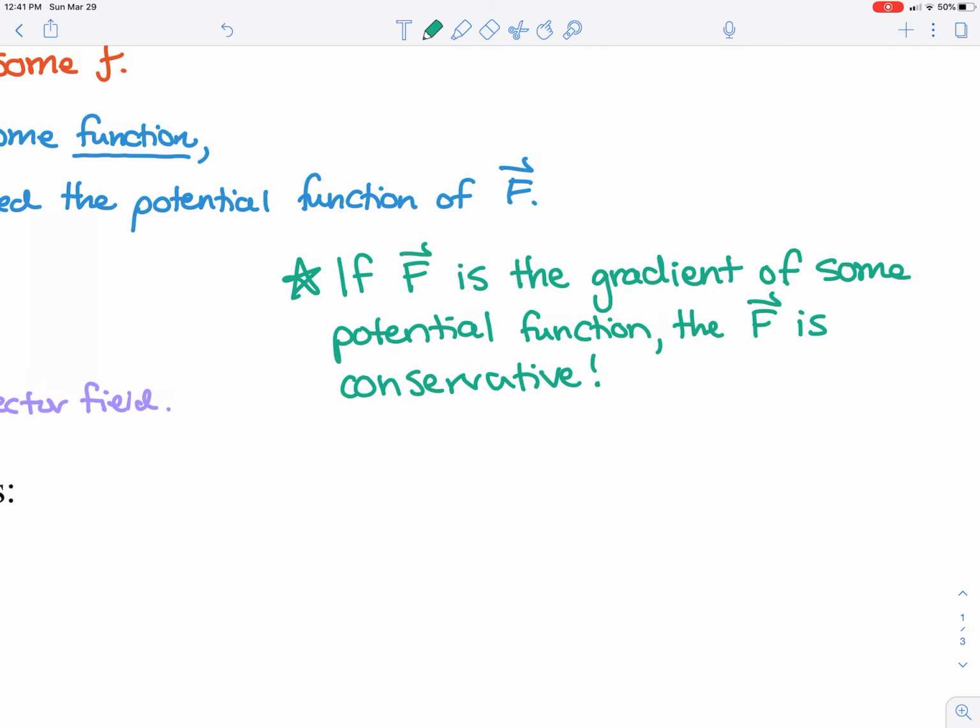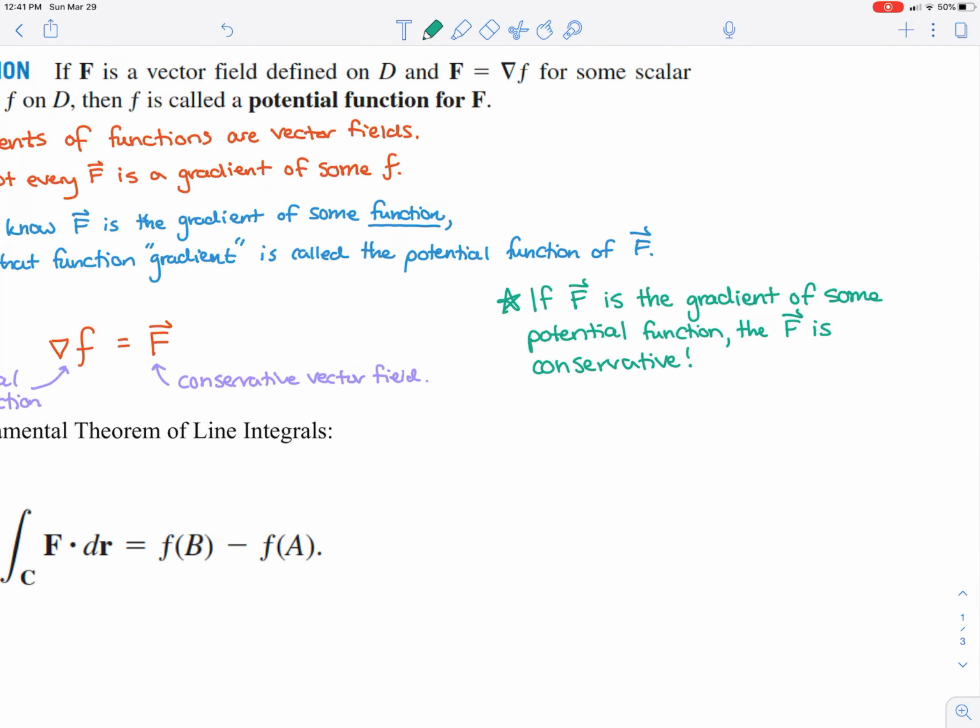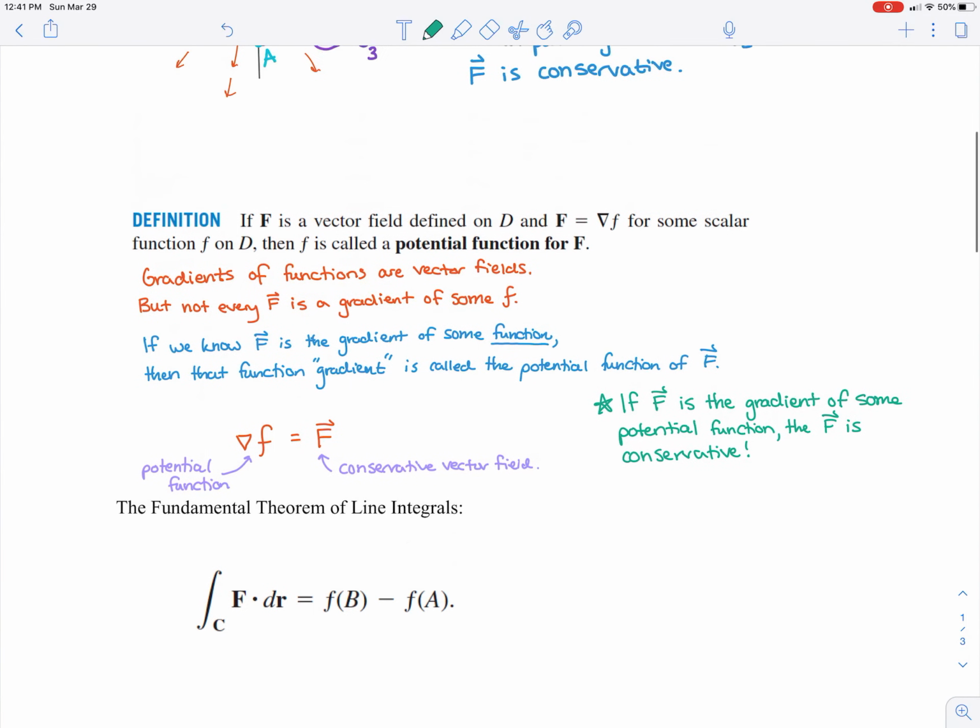So that is the definition of conservative vector fields. Conservative vector fields are the gradients of potential functions.